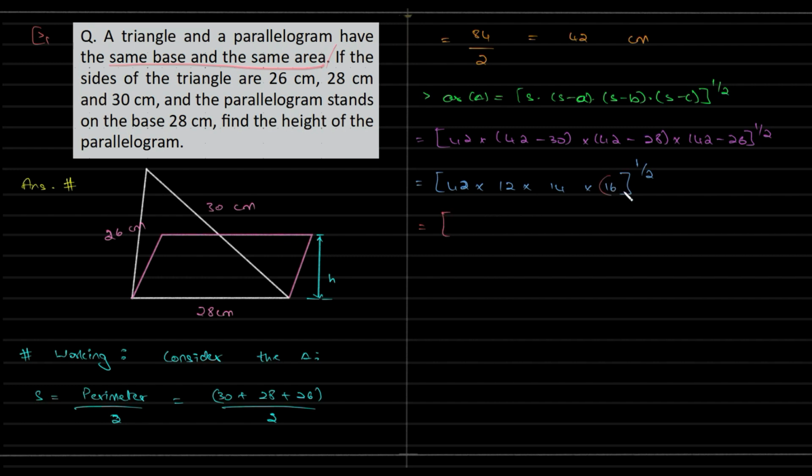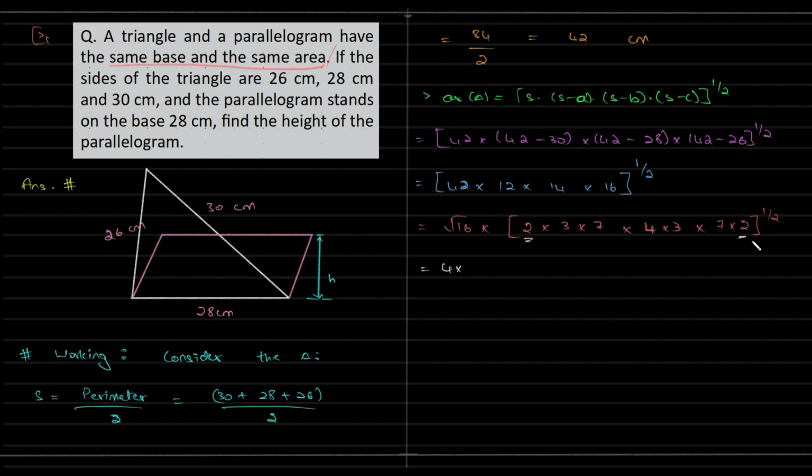So first thing is, let's not touch 16. Square root of 16 is 4. So I'll take square root of 16 out and rest is 42. 42, 2 or 4 I can't divide, so 2 into 21, that is 3 into 7. Next is 12, 4 into 3, and 14 is 7 into 2. And now we have 4.